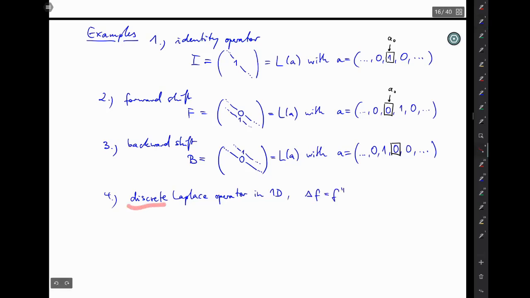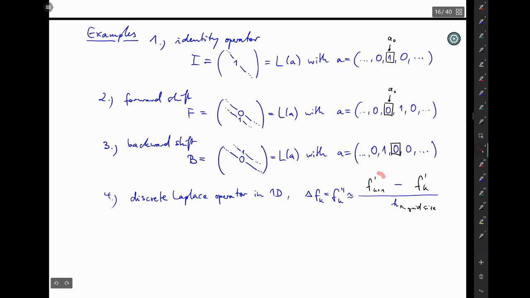Okay, and discrete here means that you actually sample your function f over a discrete, probably equidistant grid, and that the approximation to the second derivative at the kth data point can be computed by finite differences, where here you approximate the first derivative of f at the next data point k plus 1, and then you do the same at your data point number k, take the difference and divide by the grid size, so the distance between two grid points. Let's call it little h.